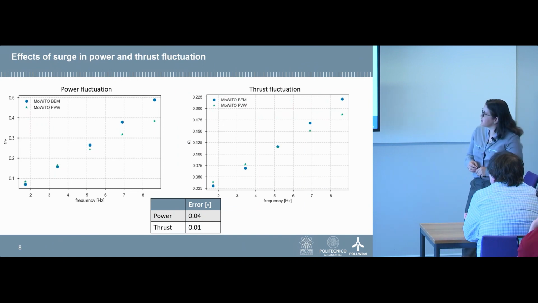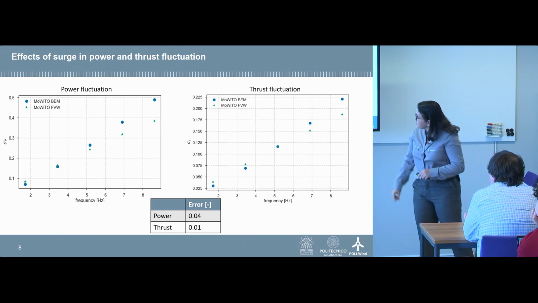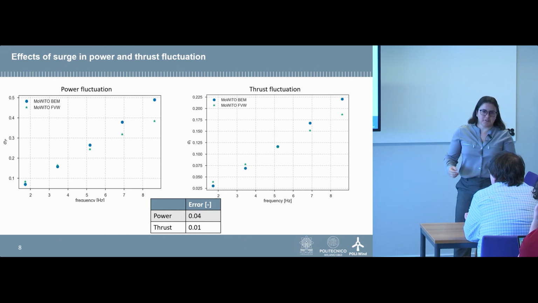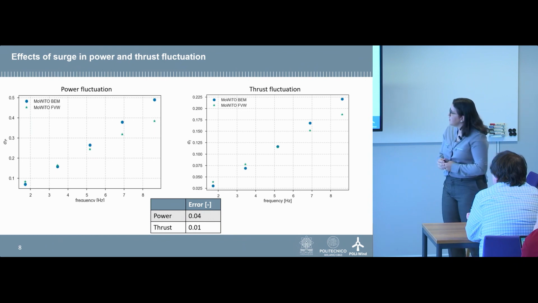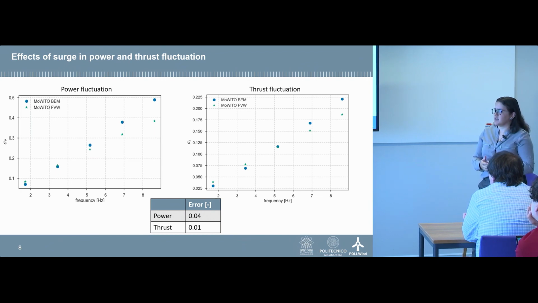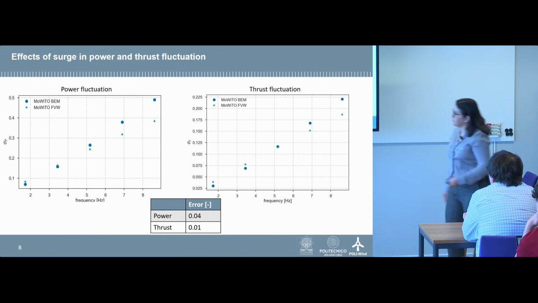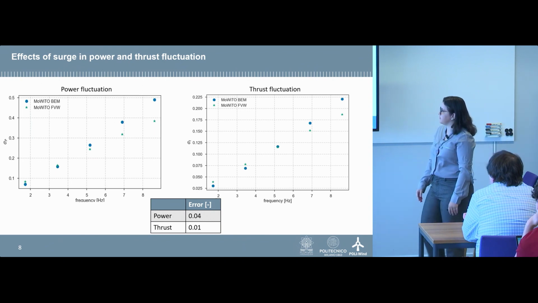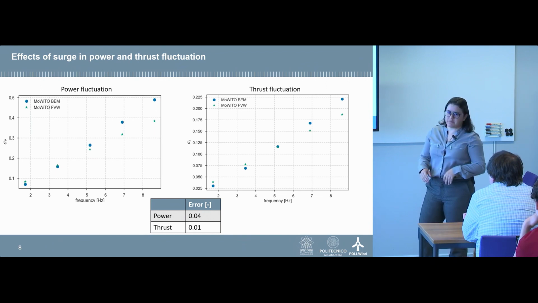Here we can see BEM in blue dots and free vortex wake in green stars. Unfortunately, there are no experimental data, because the frequency of the motions is not readable by the instruments that were available at the moment. But we can see the same behavior in power and thrust fluctuation.